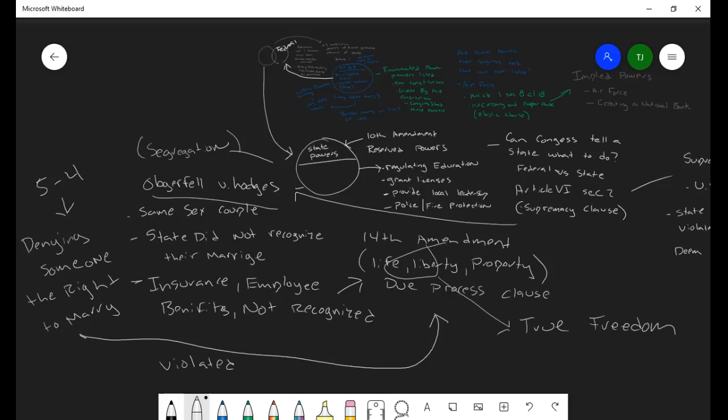Specifically when it comes to marriage or race, you can't discriminate, because those are basic human rights. Life, liberty, and property are human rights. Everybody is born free; we can't be born into slavery or indentured servitude. Liberty is the true characteristic of what freedom stands for, being able to live an unrestricted life.